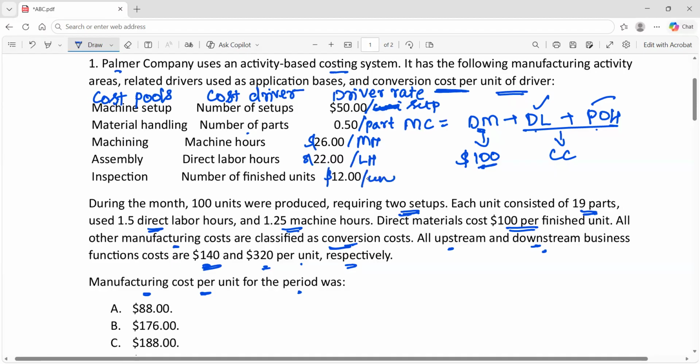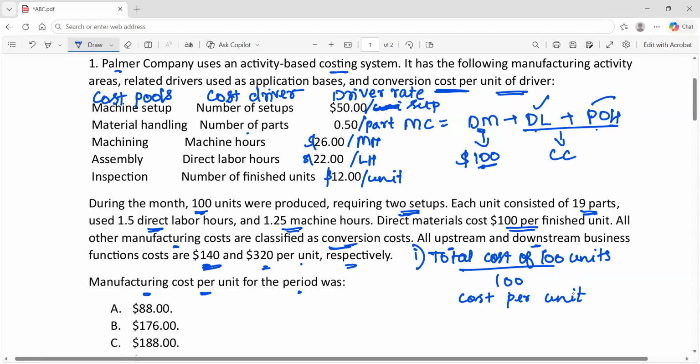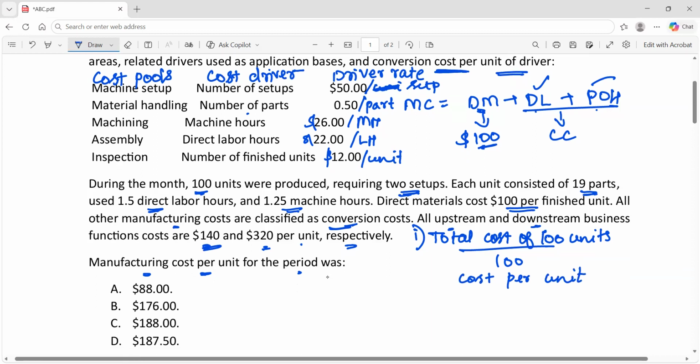Now, during the period, totally we produced 100 units. So first we will calculate the total cost of 100 units. Then we will divide the total cost by 100 so that we get the cost per unit, right?